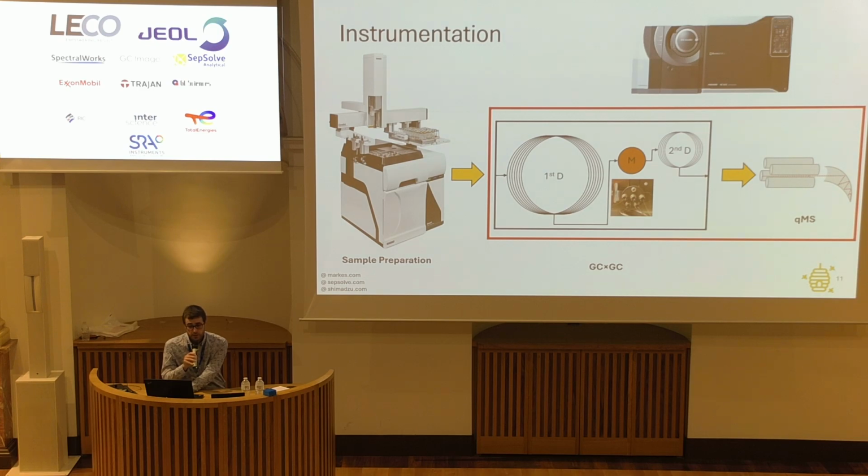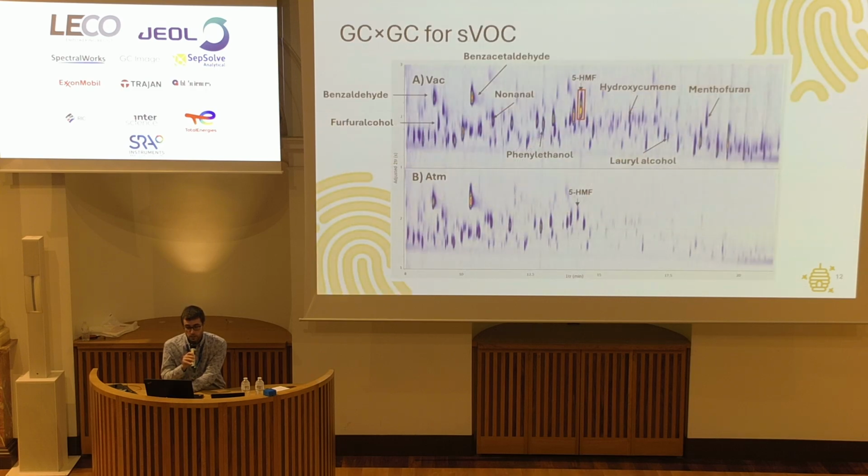So I talked initially also about the different compounds that we can extract and obtain with the method. Here I will focus more on the untargeted part. As I already showed, if we compare the vacuum and the atmospheric extraction, we can see that we are extracting the 5-HMF here, but in a smaller amount compared to the vacuum one.